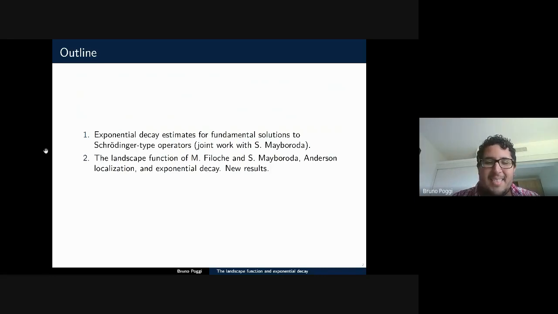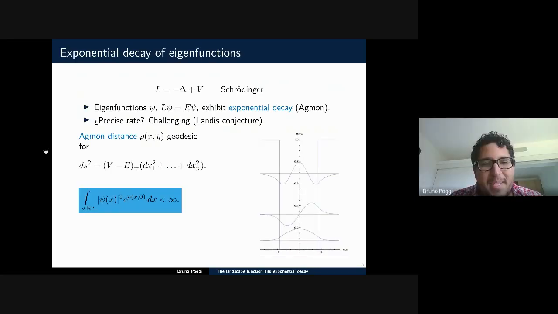In the next slide, at first I want to give a quick reminder of what the exponential decay of eigenfunctions is. This is a very classical problem coming from physics. In the theory of quantum mechanics, eigenfunctions of Schrödinger operators should decay exponentially.